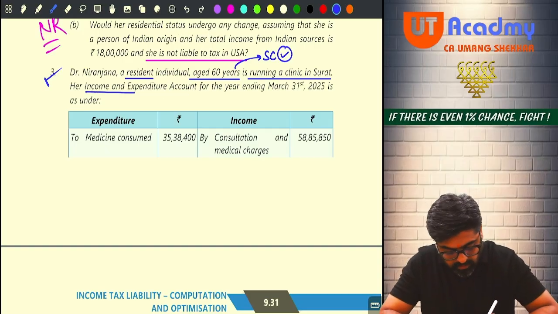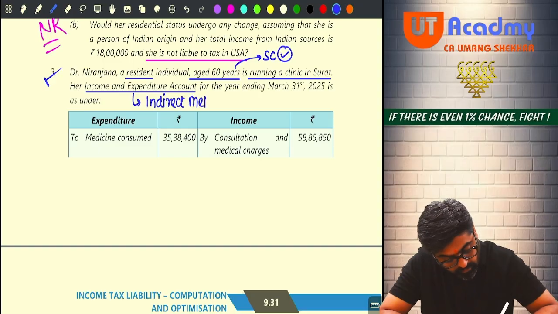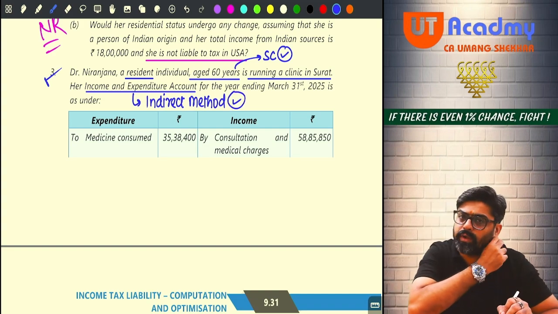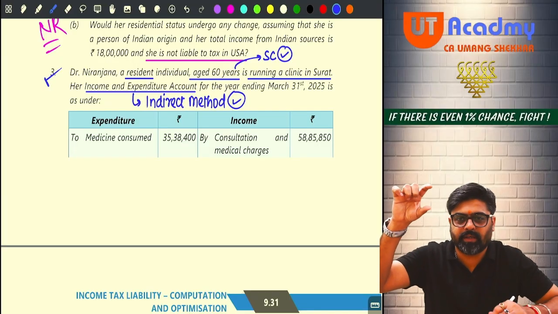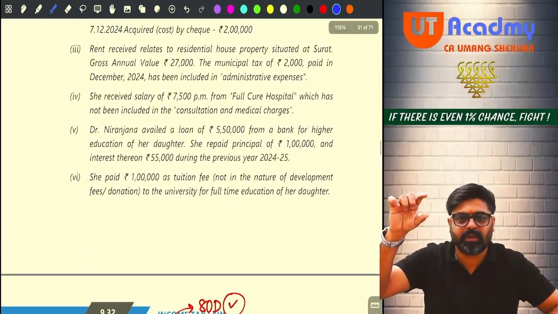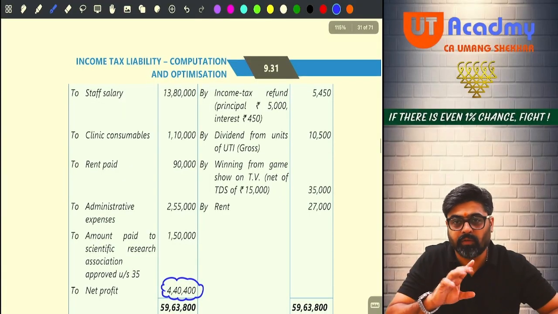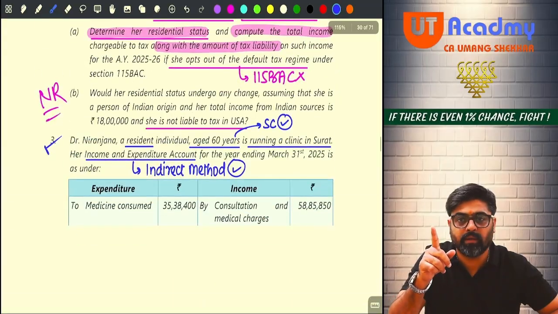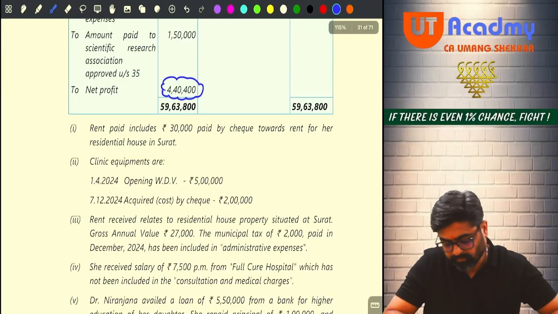Income and expenditure account given, meaning we will follow the indirect method. Usually in questions where PGBP is there, we read the information and then we read the table. So this question also we are supposed to read like that. Information done. Now come to the additional information. Don't read the table right now.